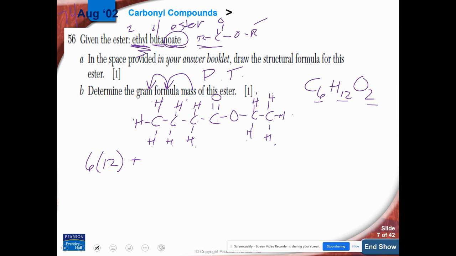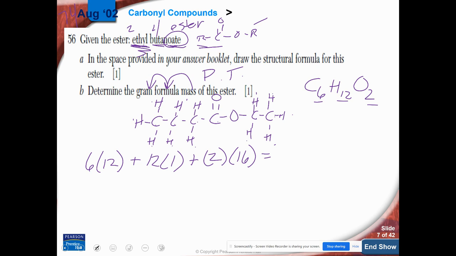Now I need to add the next element's mass. I have 12 hydrogens, each hydrogen with a mass of 1. And now I'm going to add the mass of the oxygen. I have 2 oxygens. Each oxygen has a mass of 16. So then I do 6 times 12 plus 12 times 1 plus 2 times 16.